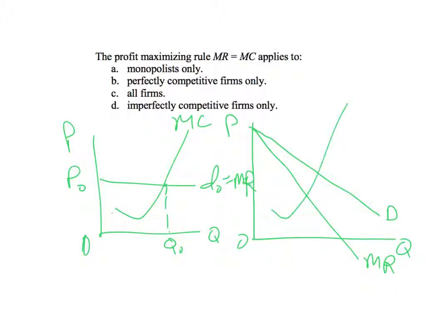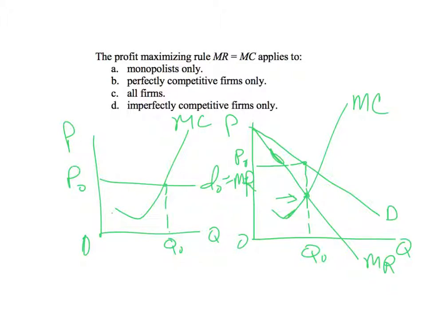And then for a monopolist, the output rule is if marginal revenue is greater than marginal cost, keep increasing output. Where do you stop? Right where marginal revenue and marginal cost are equal. That's this quantity. We'll call it Q0 again. But the price for that good is read off the demand curve, and so P0 would be way up there.